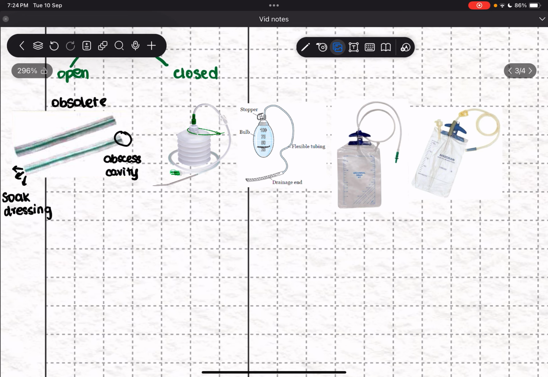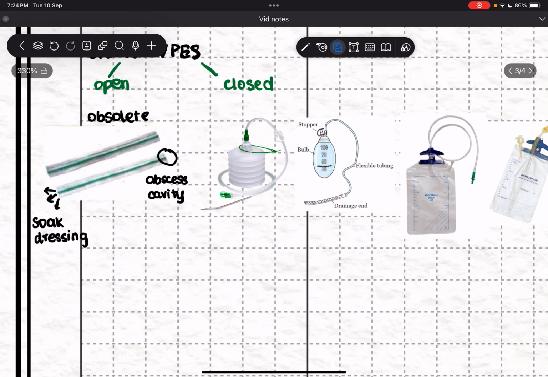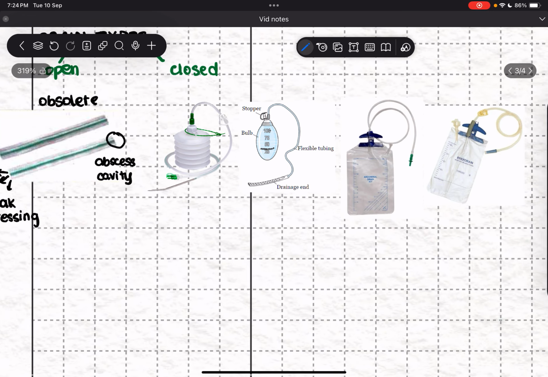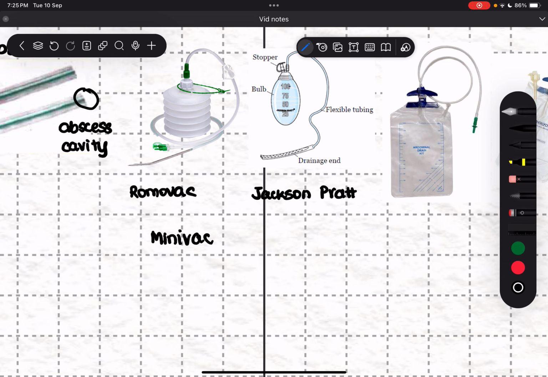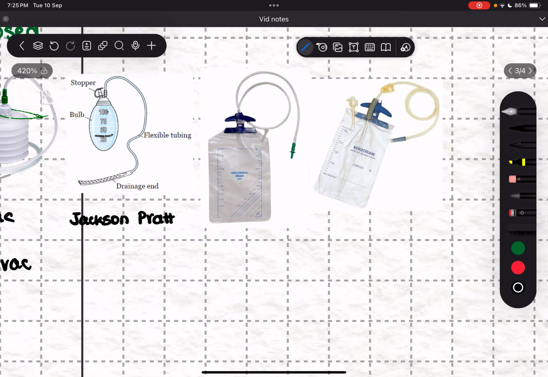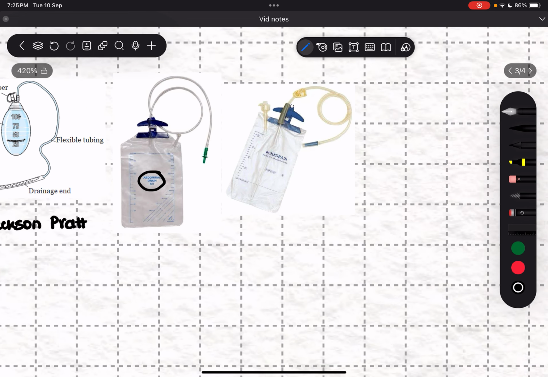Both are similar. Now, closed drain systems are divided into 5 types. They are Romovac. Let me write Minivac here itself. Then here this is Jackson Pratt. Then this is the abdominal drain, and this is the underwater seal bag.